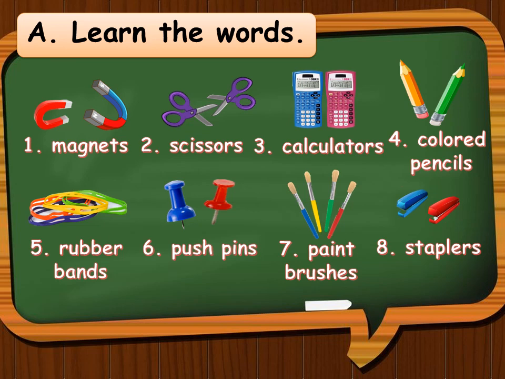Number 1, magnets. Repeat after teacher. M-A-G-N-E-T-S. Magnets. Please familiarize the following objects. Number 2, scissors. Are you following? S-C-I-S-S-O-R-S.